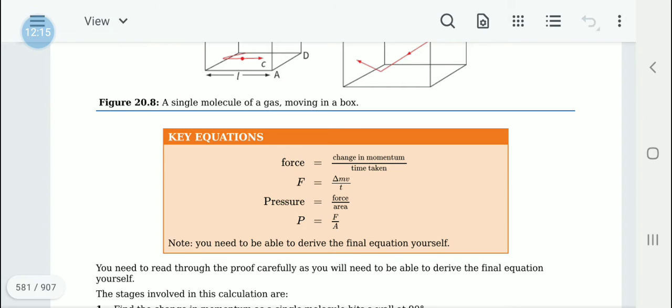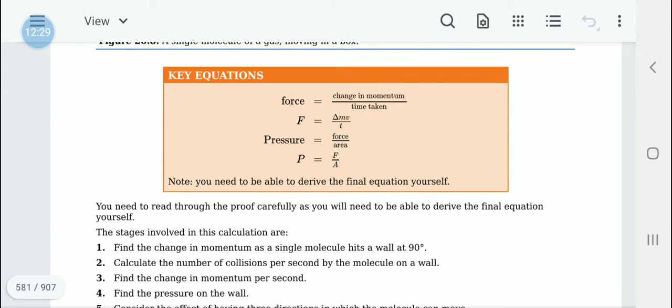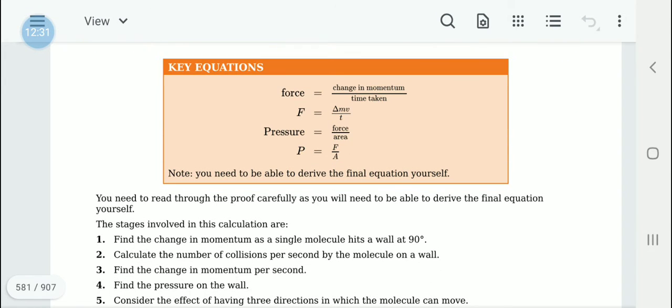These are the equations that we have to familiarize ourselves with, and which should be used here. Force equals change in momentum divided by time taken, F equals delta mv upon t. Then pressure equals force upon area, P equals F upon A. Then we should be able to derive the final equation ourselves, and that is something that they are going to check in the examination.